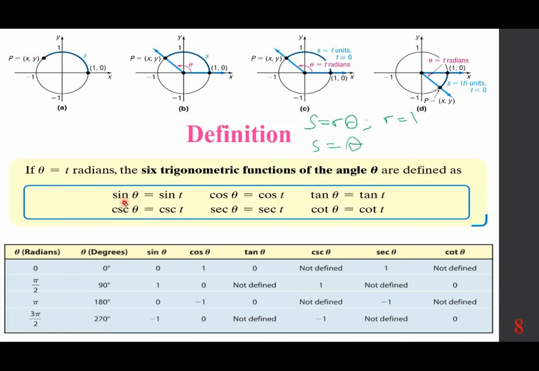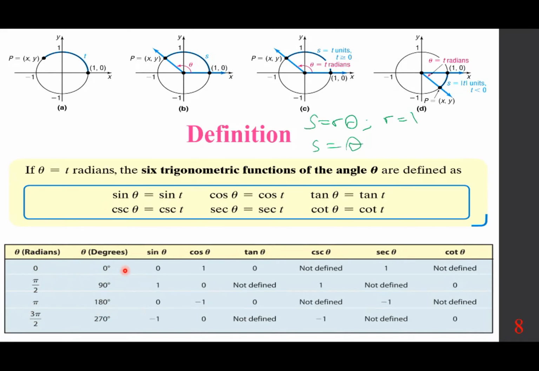So you can change the t to theta, it makes no difference. And all those quadrantal angles that we learned with respect to t, the same thing works with radians. So for example, 0 degrees in radians or degrees, pi over 2 or 90 degrees, pi, 180, 3 pi over 2 or 270.